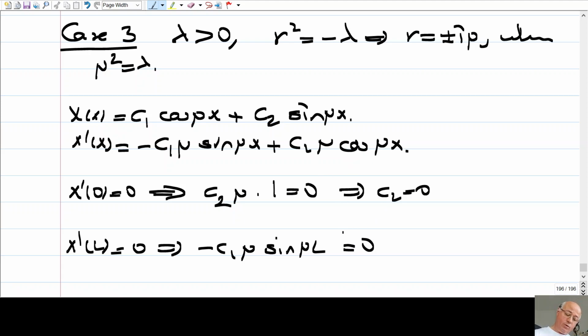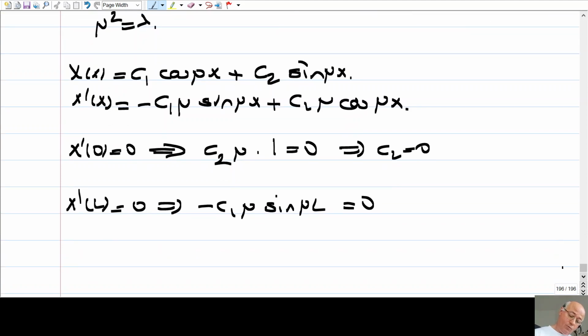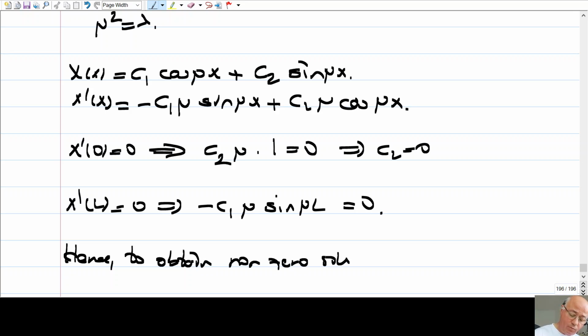Since C2 is already 0, I don't write that one. To obtain a non-zero solution, this sine term must be 0, right? Hence, to obtain non-zero solutions, sine mu L must be 0.